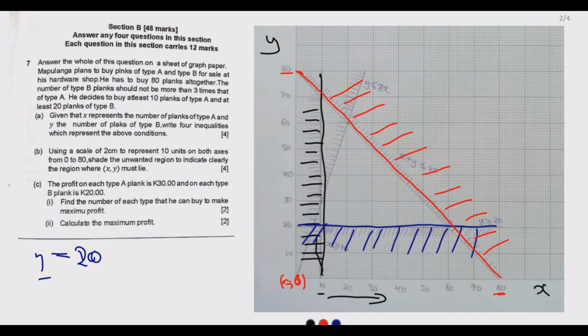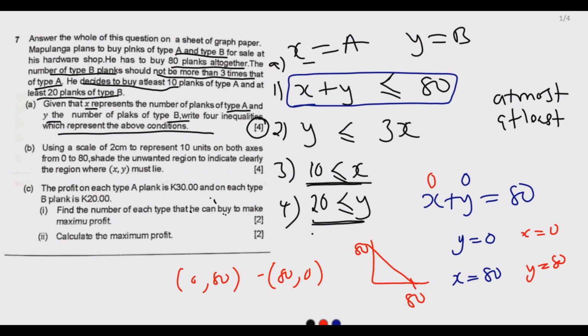Then let us move to the last part. So the last part is telling us this equation, y should be less than 3 times x. So the solid line is where y is equal to 3 times x. So what it tells us is when x is equal to 0, y will also be 0. So we have 0, 0 starting from the origin.